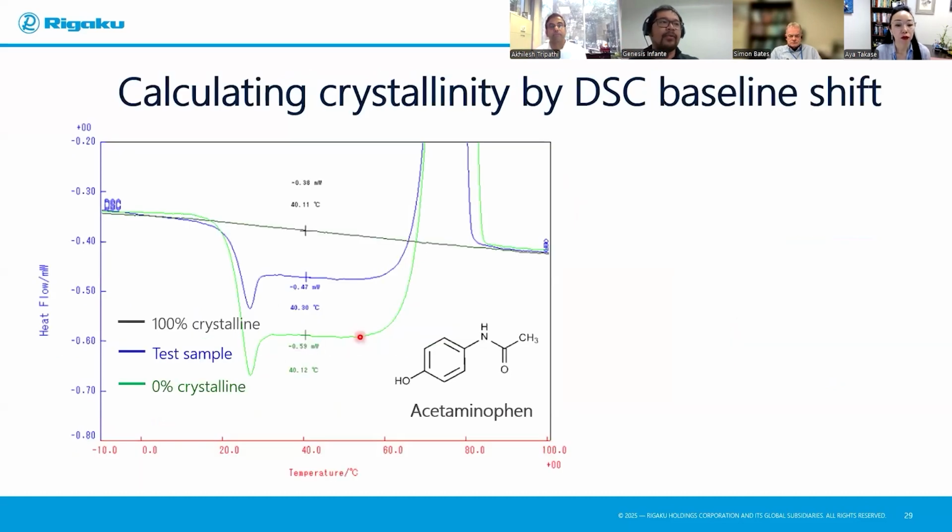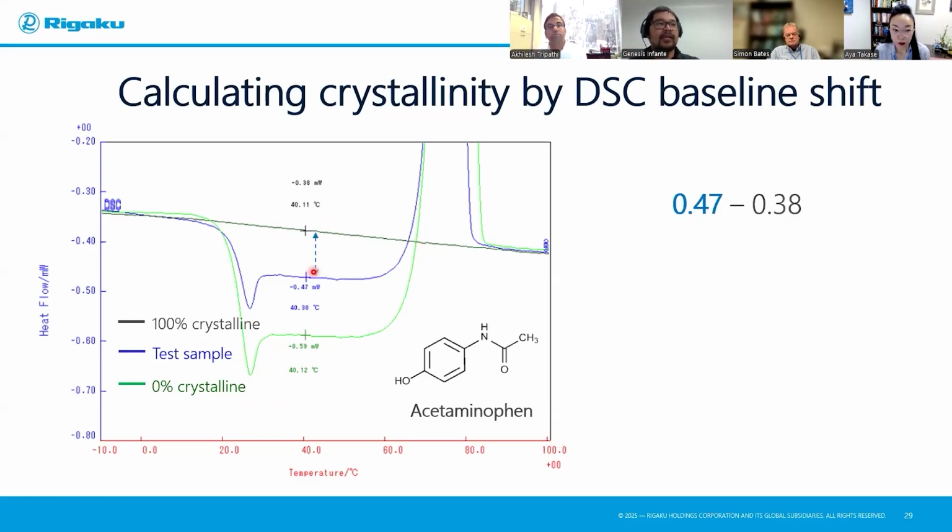Case in point, we're looking at acetaminophen here. We have three cases. The black line right here is fully crystalline acetaminophen, so 100% crystalline. The green is 0% crystalline, so fully amorphous acetaminophen. And you have this unknown test sample in blue.